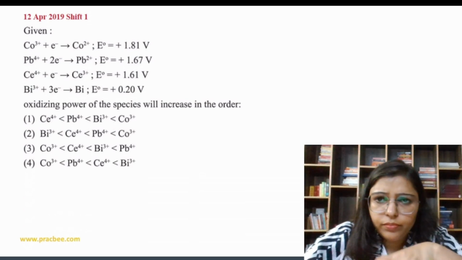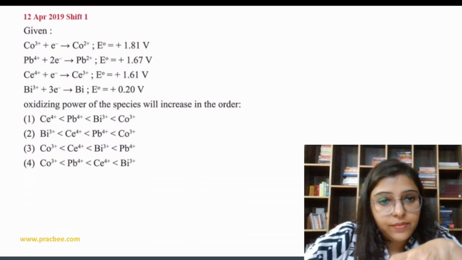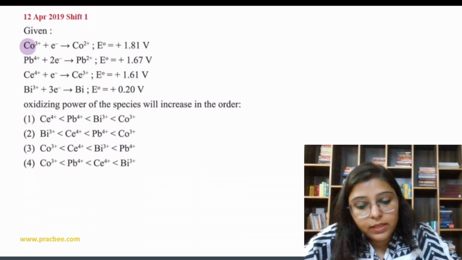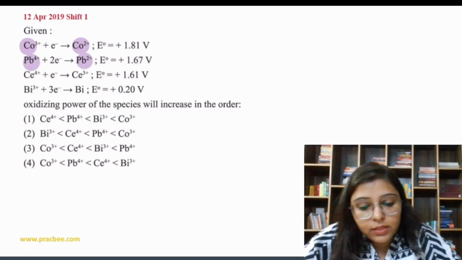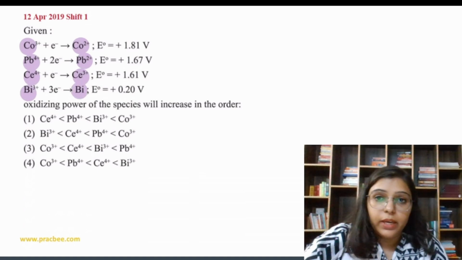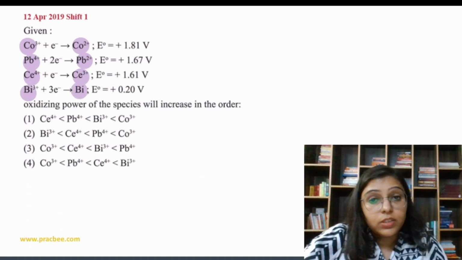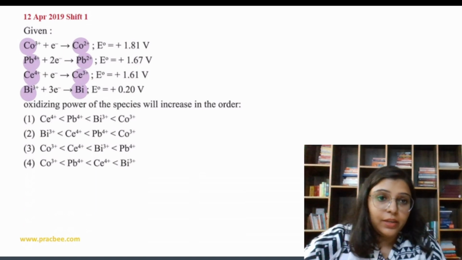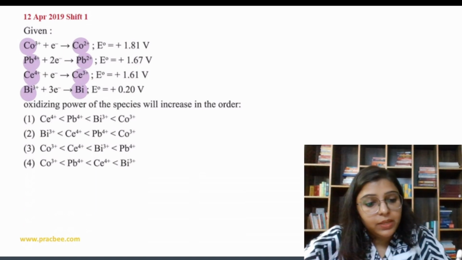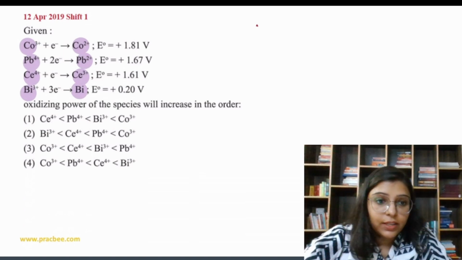Given in the question, we have some standard reduction potentials. Co3 plus is reduced to Co2 plus, Pb4 plus is reduced to Pb2 plus, Ce4 plus is reduced to Ce3 plus, Bi3 plus is reduced to Bi. The question says the oxidizing power of the species will increase in the order. So how to solve this? Oxidizing power means oxidizing agent.